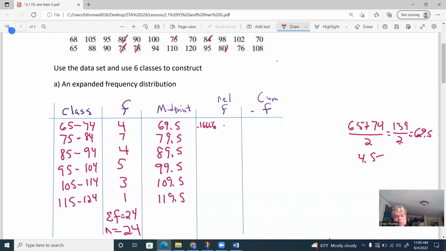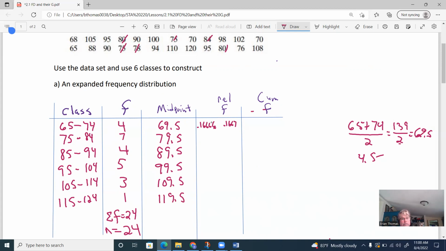So it's going to be 0.1667. Now, if I want that as a percent, I can move the decimal 2 places to the right, and that would be 16.7% as a relative frequency. I think MyLab Math just wants it in decimal form, so we would just leave it as 0.1667 if they want it rounded to 4 decimal places.